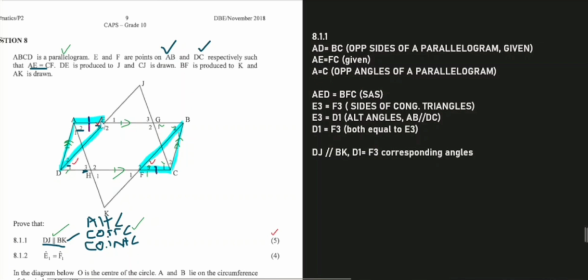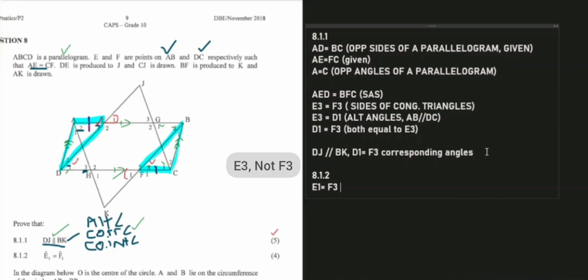So for 8.1.2, you have to prove that E1 is equal to F1. You're going to say angle E1 is equal to F3. Reason being they are vertically opposite angles.